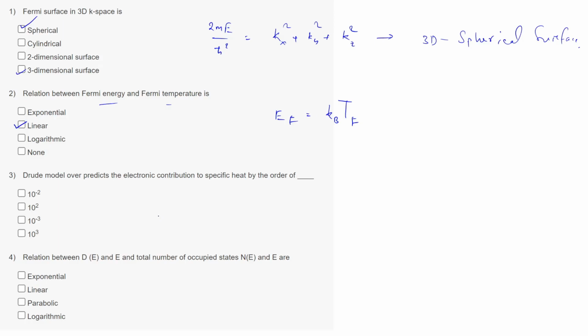Okay. So the Drude model over predicts the electronic contribution to the specific heat by the order of, we just saw that CVE in the Drude model is 3 by 2 N kB. Okay, but actually it is 100 times the actual value. So where this 100 came from, it is like T by TF, if you remember.